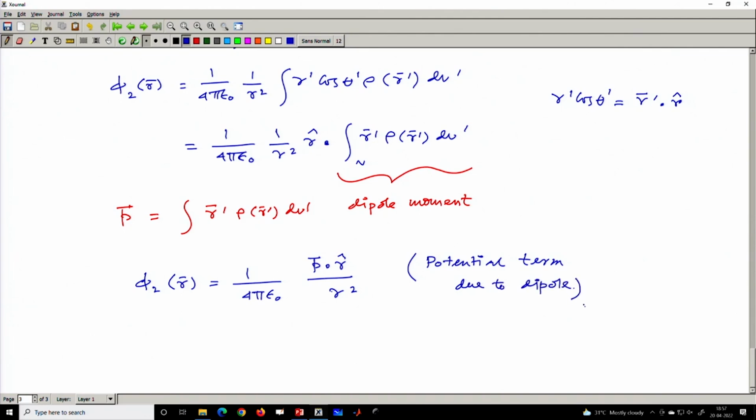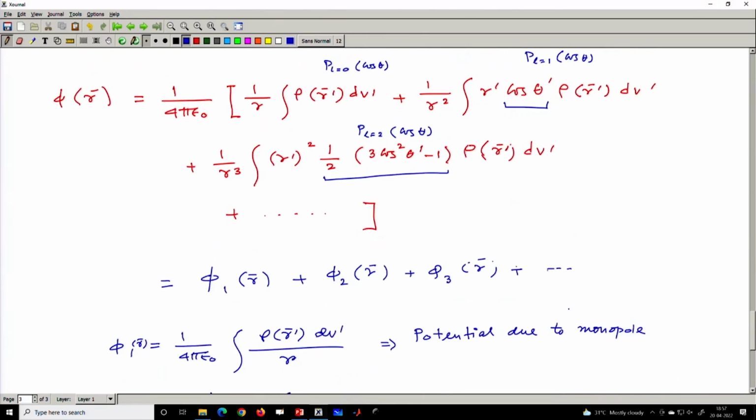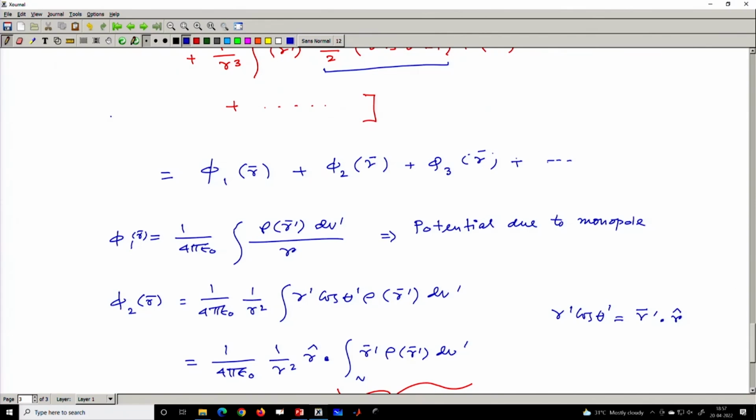Okay, so now I believe you can understand that when I divide this phi systematically, I can have the contribution here, which is the contribution for monopole.